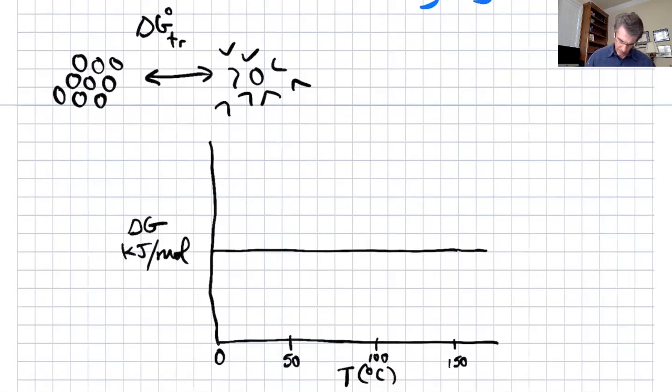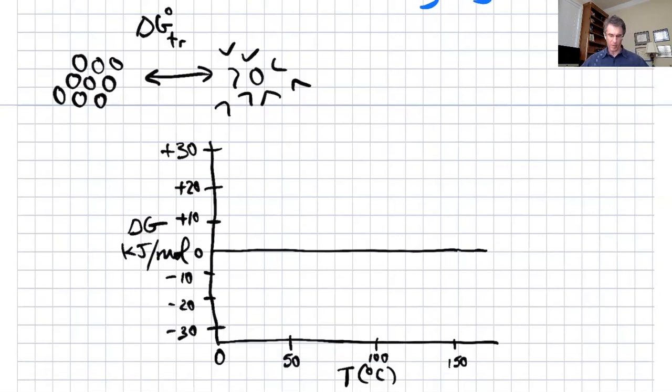And it's unfavorable, right? So up here, this is 0. And up here we'll have, I don't know, plus 10, plus 20, plus 30 kilojoules per mole. And down here we'll have minus 10, minus 20, minus 30 kilojoules per mole. So above this line, transfer is unfavorable. Below the line, the transfer would be favorable.